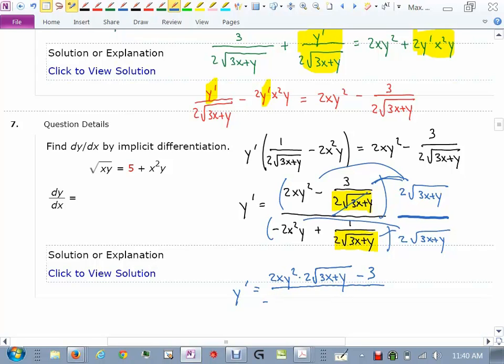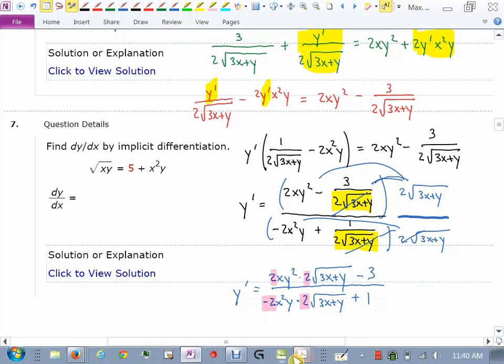I get negative 2x squared y, but then times 2 root 3x plus y, and then when those things cancel in the second distribution, I just get plus 1. And notice that this 2 and this 2 would come together to give you 4, and then this negative 2 and 2 would come together to give you a negative 4.